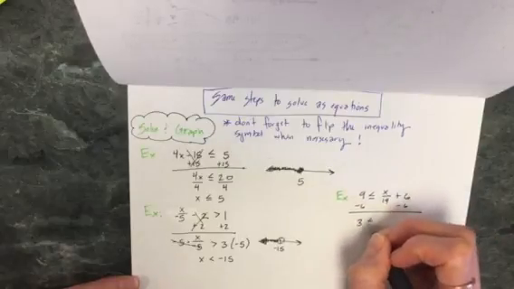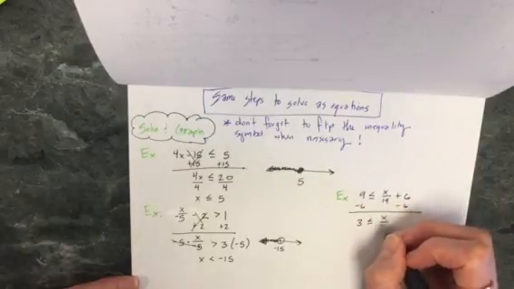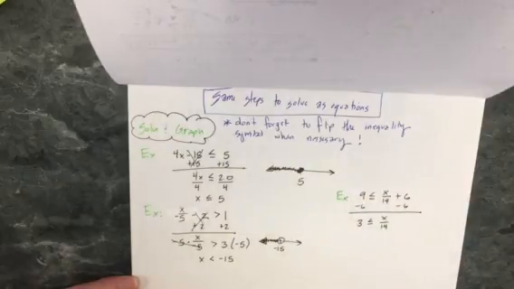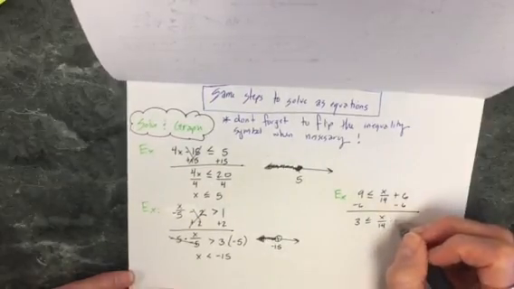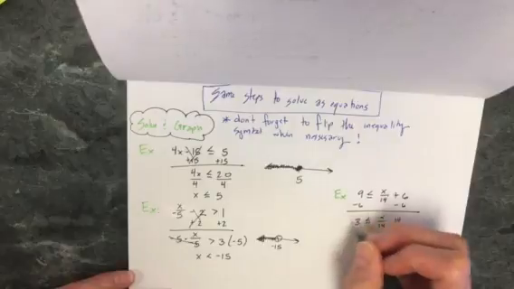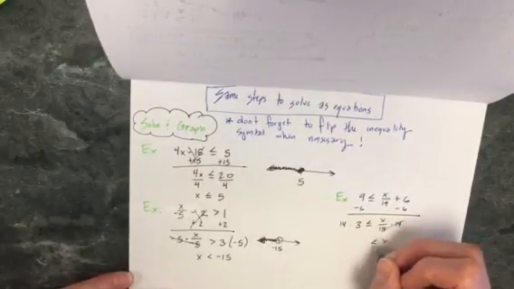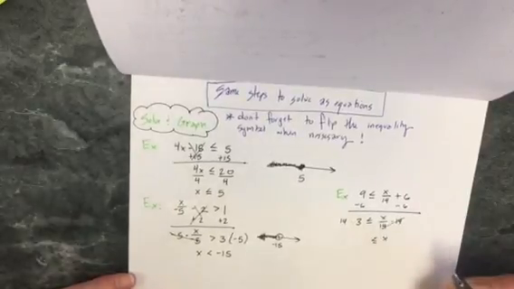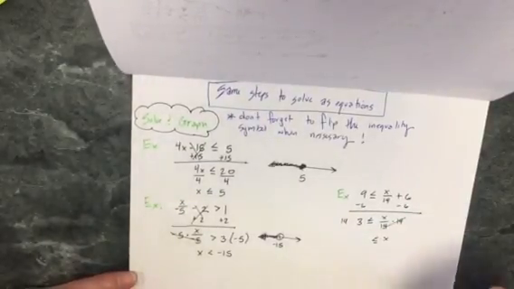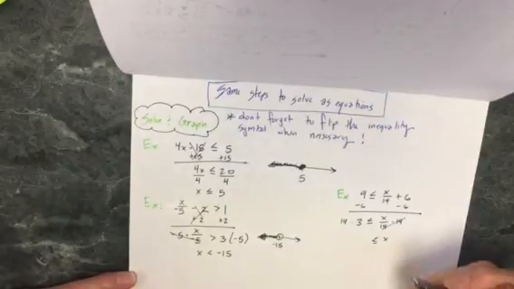So you get 3 is less than or equal to x over 14. Our next step would be to multiply 14 on both sides. 14's cancel. And we multiplied by a positive number, so we don't have to change the symbol. And 14 times 3, well, I know 3 times 15 is 45, so it would be 42.